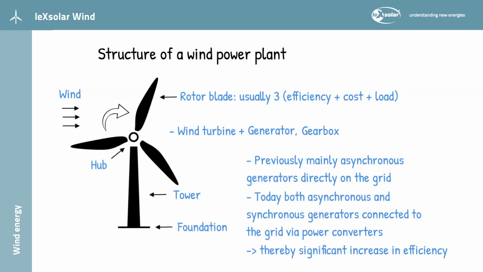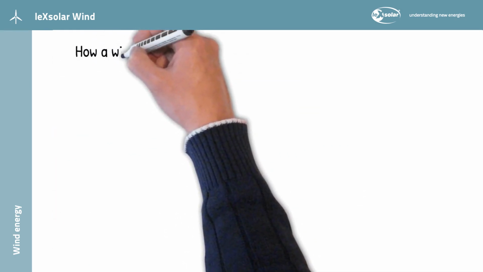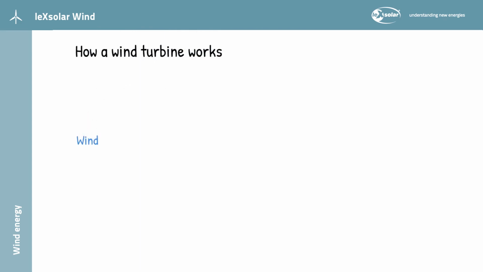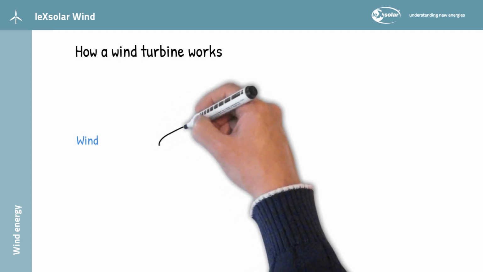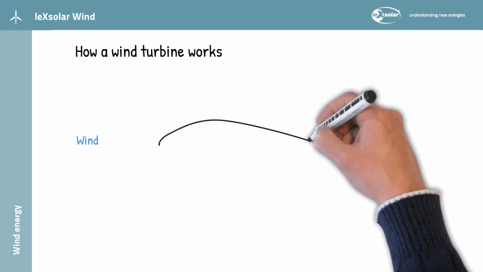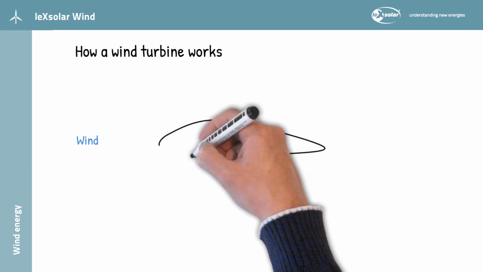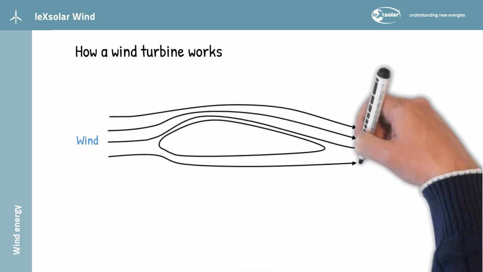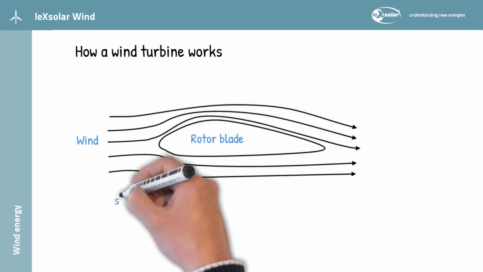In the following, let's take a closer look at how the wind turbine works. To convert the wind energy into rotation of the rotor blades, the blades are shaped like wings. The same effect is used to make airplanes fly. Aerofoils are shaped so that the air flowing past them is slower under the aerofoil than above it.